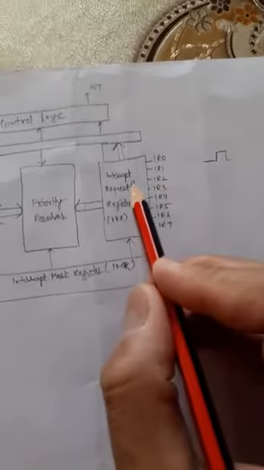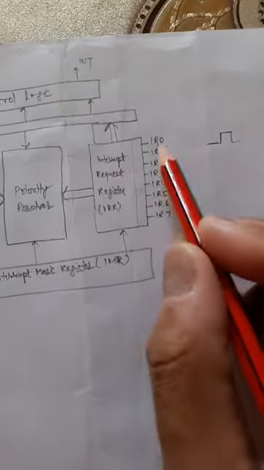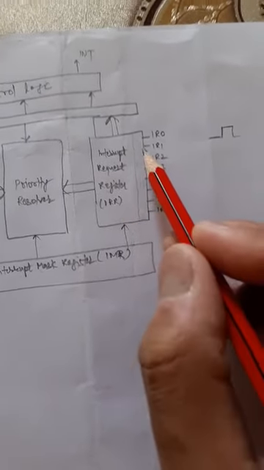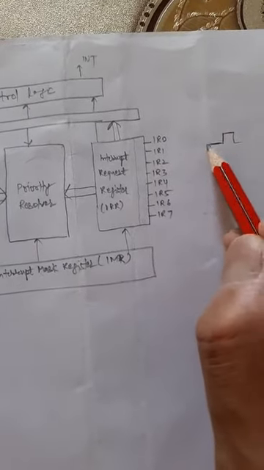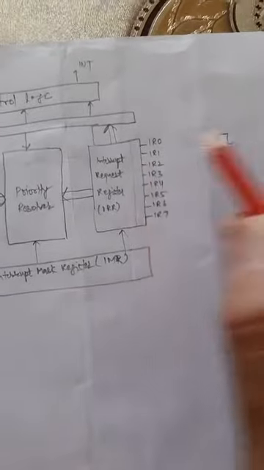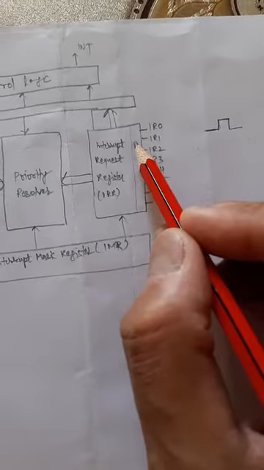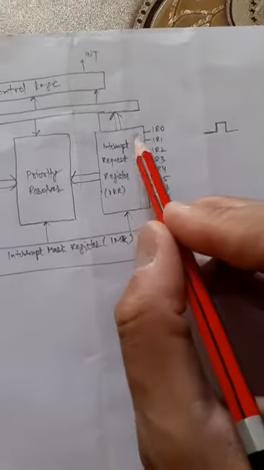So the bits corresponding to these pins are in this interrupt request register. If the pin is 0, the bit is 0, but if the pin is 1, the bit becomes 1, and if the pin then becomes 0, the bit remains 1 until the interrupt is serviced. This is the use of the interrupt request register.